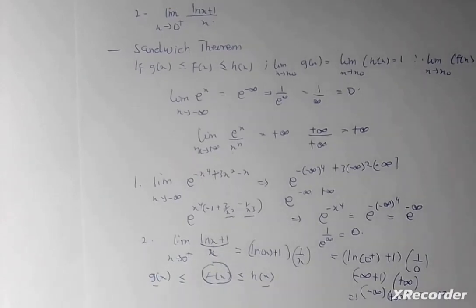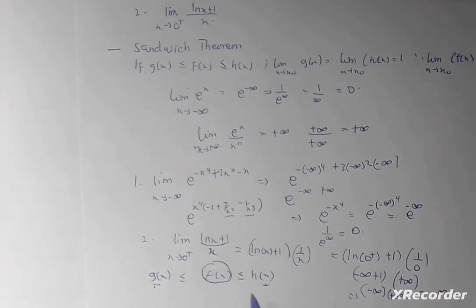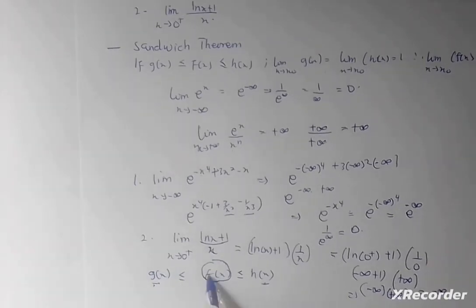Once this is greater than or equal to this and less than or equal to this, if the limit of this is equal to the limit of this, then that limit will be the same as the limit of this one. If the limit of this function is equal to the limit of this function, then it will also be the limit of this function.